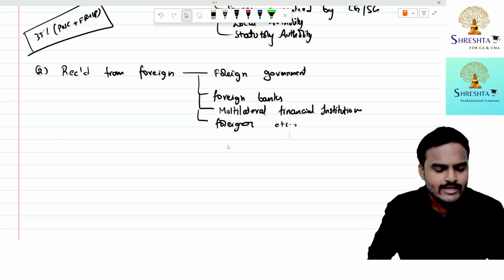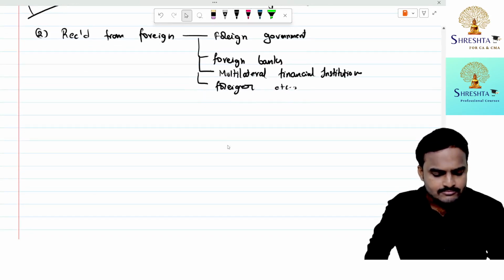General rule, they are not treated as deposits. So this is the second exempted category.